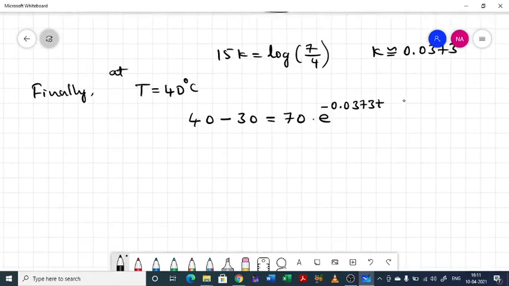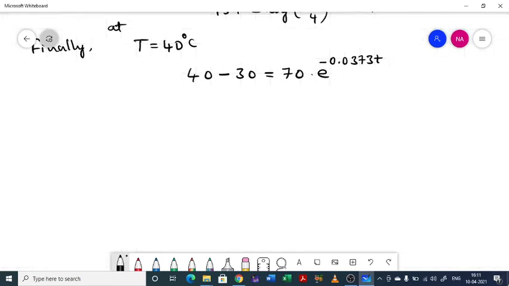We need to find this t. So 40 minus 30, you get 10 equal to 70 into e power minus 0.0373 t. Again, as usual, taking this exponential to this side, e power 0.0373 t equal to 70 by 10, that is 7.